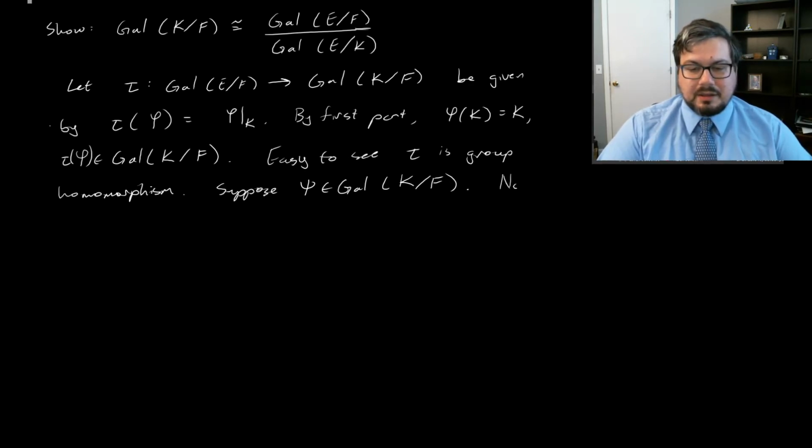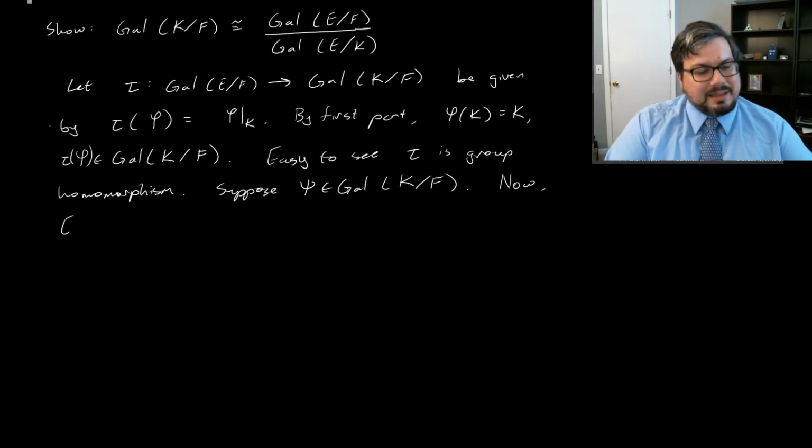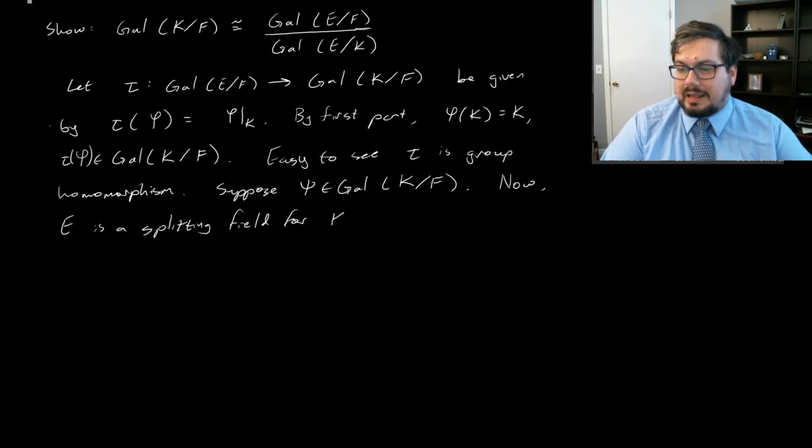So now we have that E is a splitting field for K in two different ways.